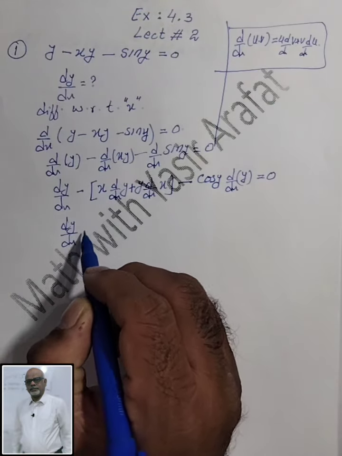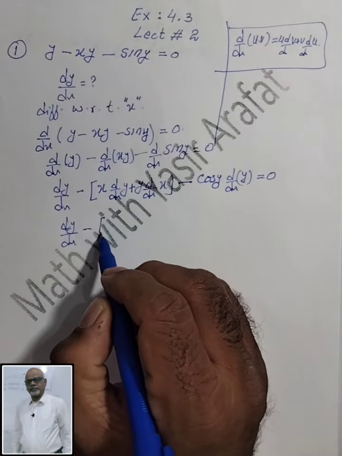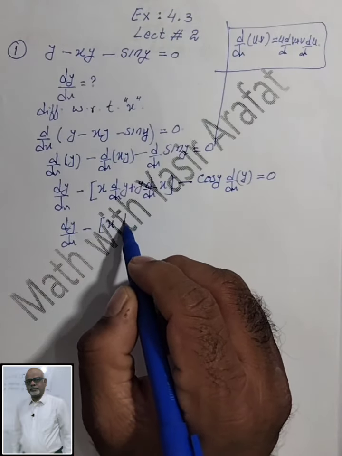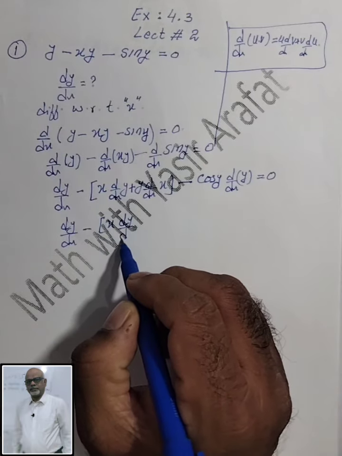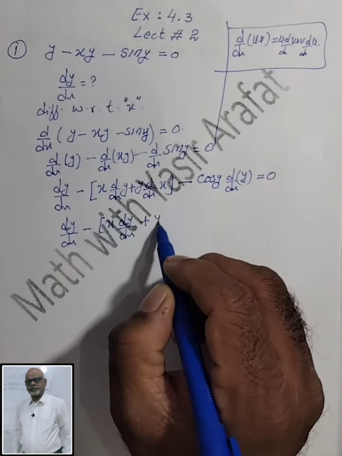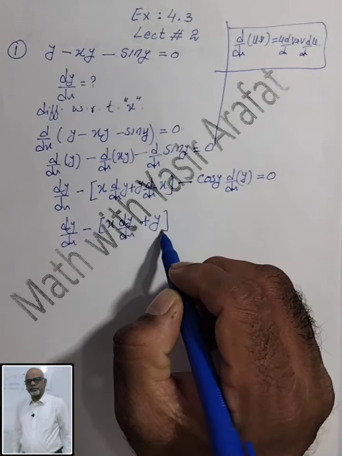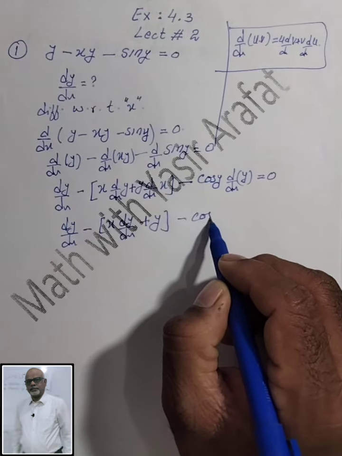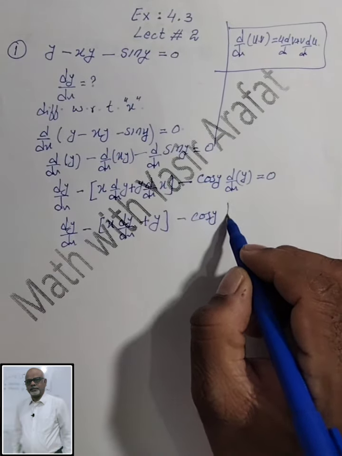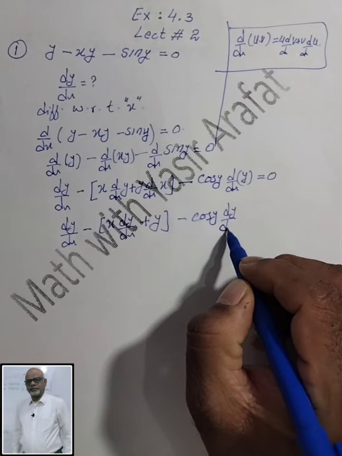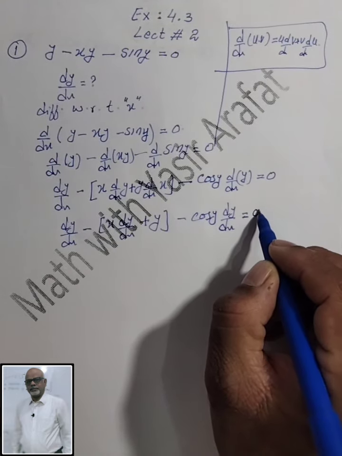So this is x times dy over dx plus the derivative of x is 1. There is no need to write down the 1 here, and this is dy upon dx equal to 0.